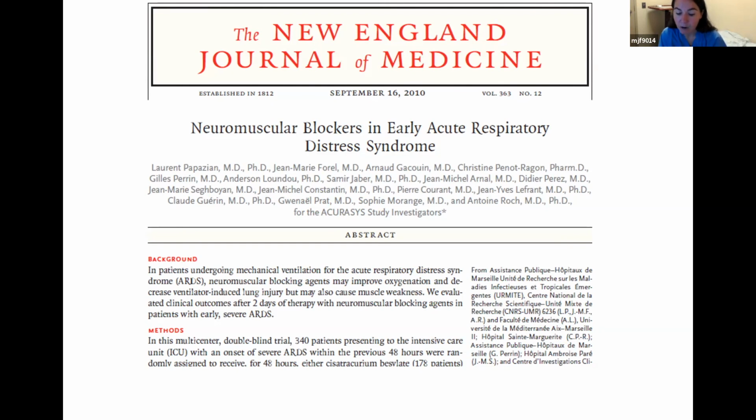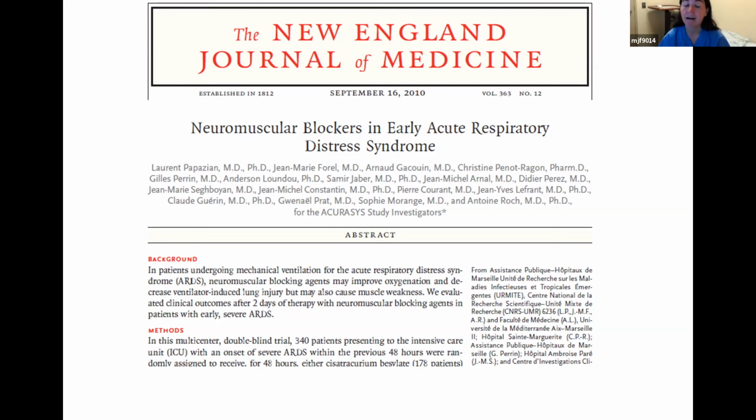It did not, however, improve overall 90-day mortality. So that's why ARDSNet didn't choose to comment on it, because we don't really see the mortality benefit. However, as we already stated, the role of paralysis is really to increase vent synchrony, used in patients with hypoxemia that isn't getting better with your other measures.